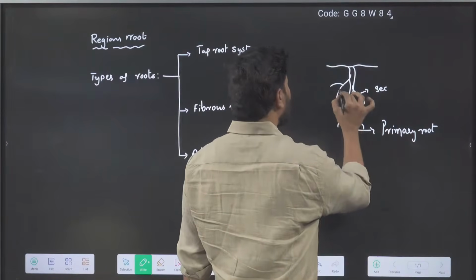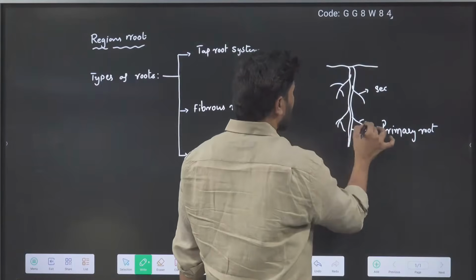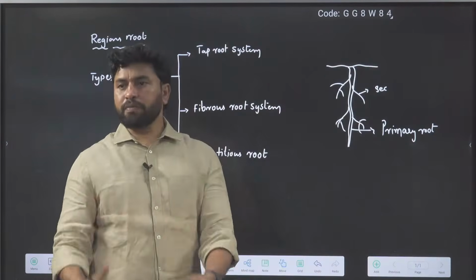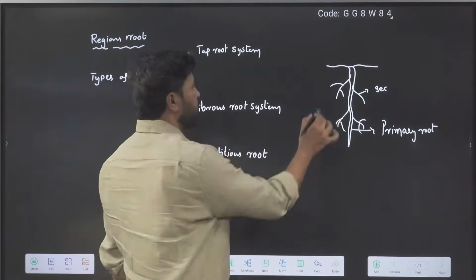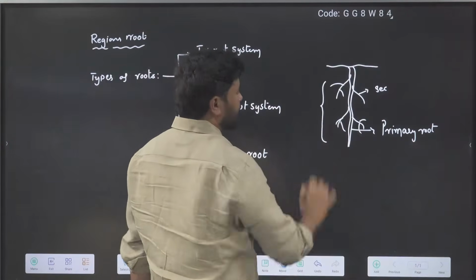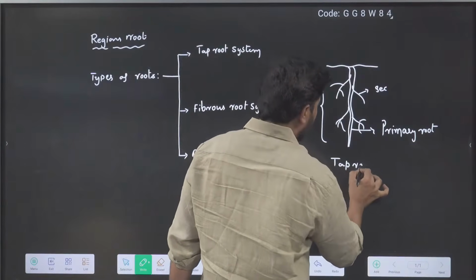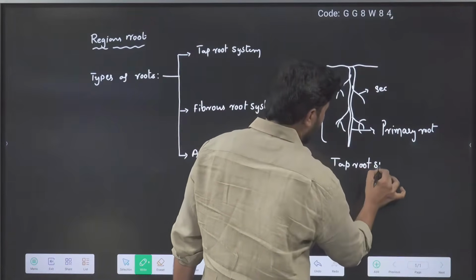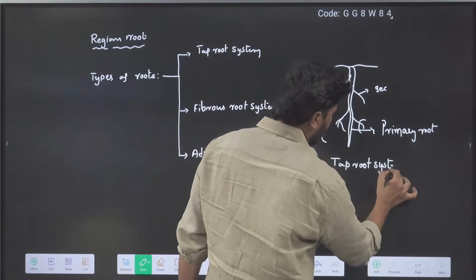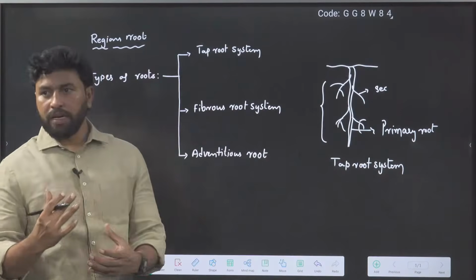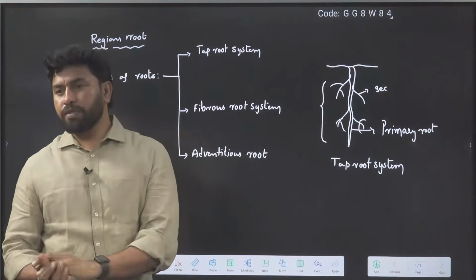On the secondary root, there are branches, called tertiary roots. Like that, there is a continuous expansion of roots. This system of root expansion is called the taproot system. All those roots that come from the primary root and their branches, collectively, are called the taproot system.